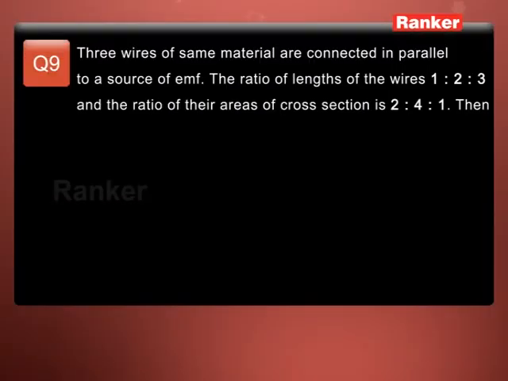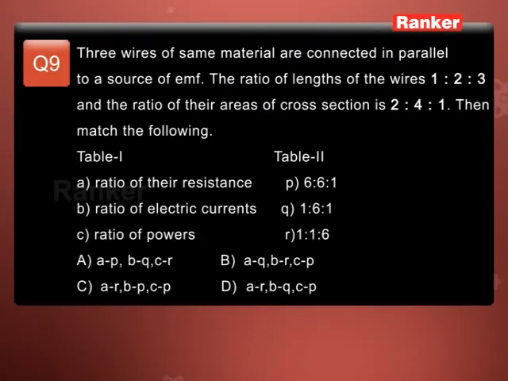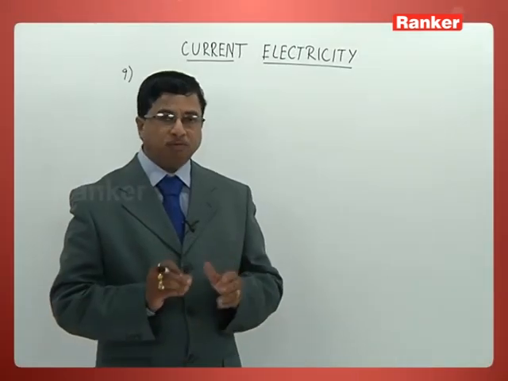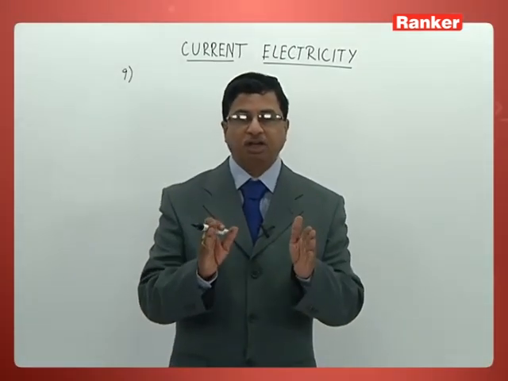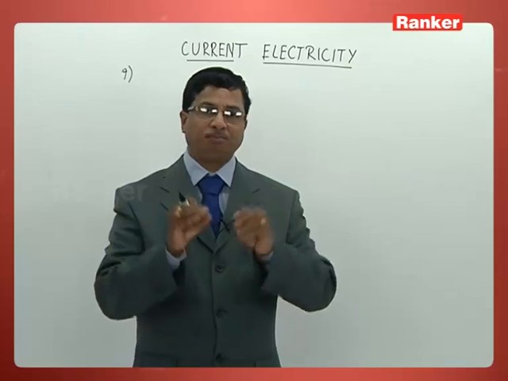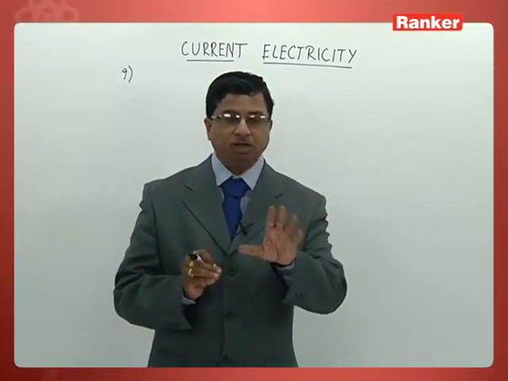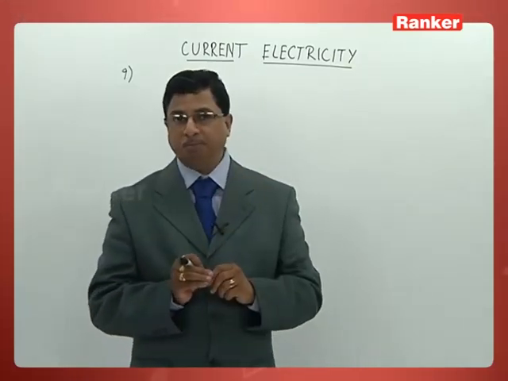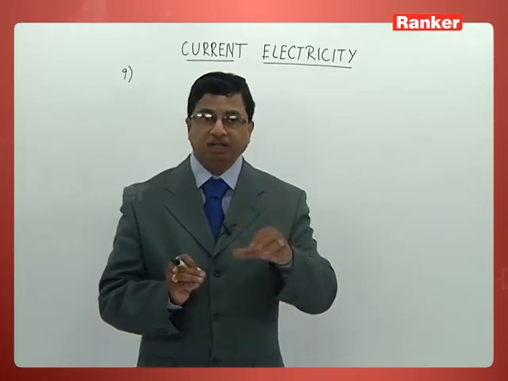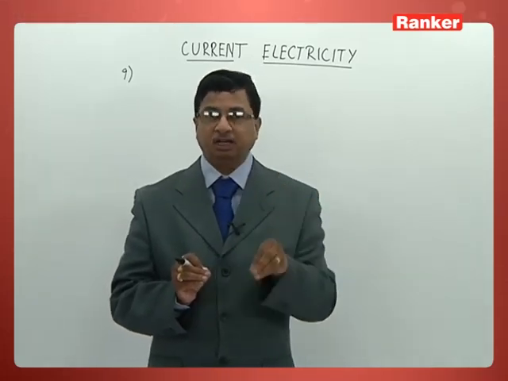Let me read the problem first. 3 wires of same material. In fact, while reading the question itself, every student can directly understand some hidden values there. Some values will not be exposed in the problem. You will be finding that problem's idea.